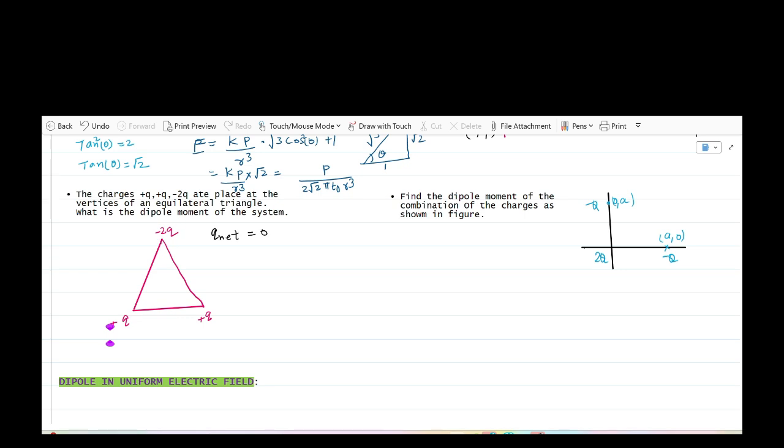So therefore the dipole momentum from negative Q, this is the dipole momentum P1, and this is the dipole momentum P2, and the angle between them is 60 degrees, equilateral triangle, 60 degrees.